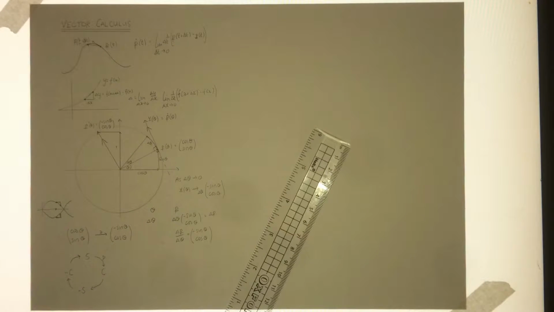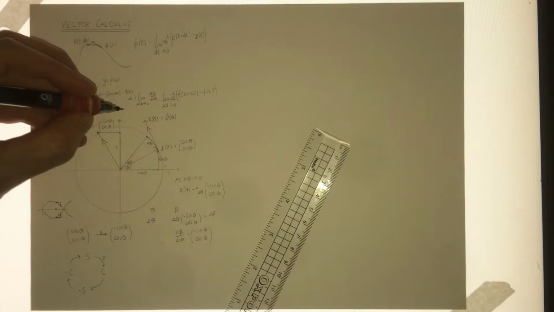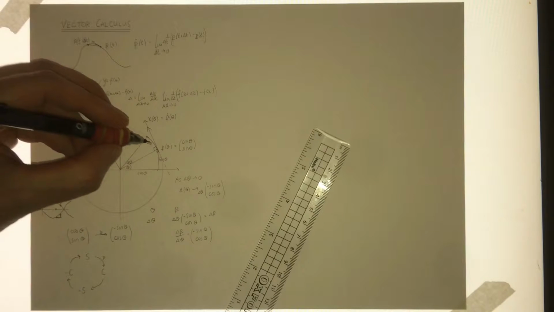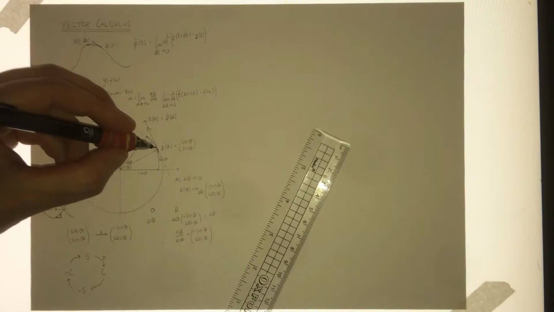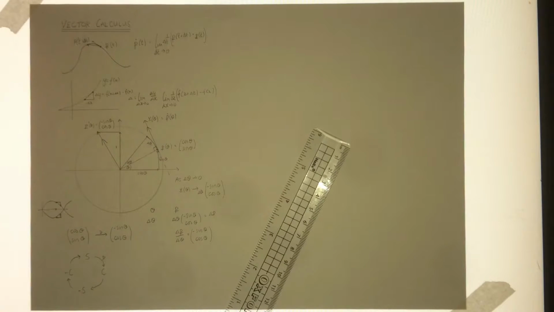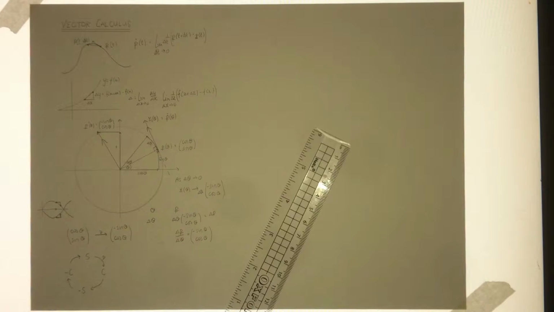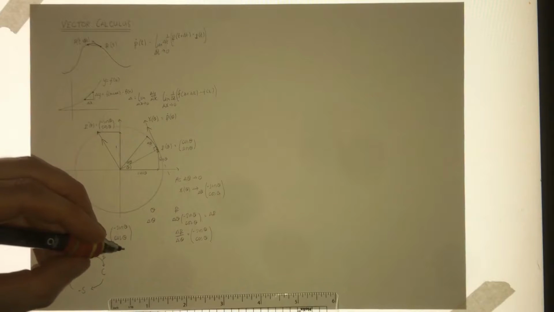Now you might question, we haven't been rigorous in saying that this derivative is perpendicular, is a tangent to the circle. But we can formalize that very easily. Let's look at it. Let's blow up a picture.